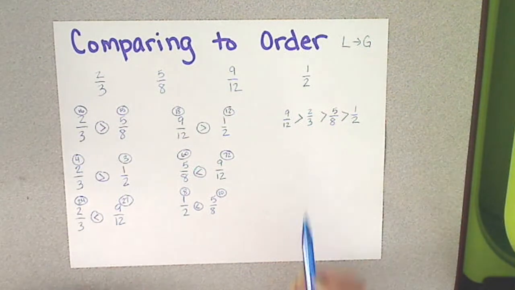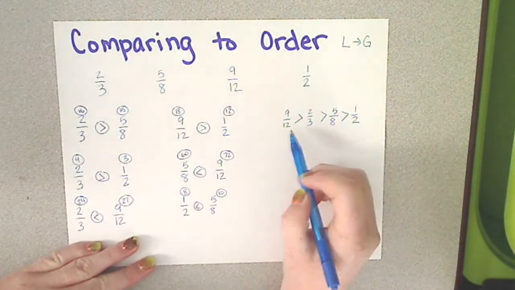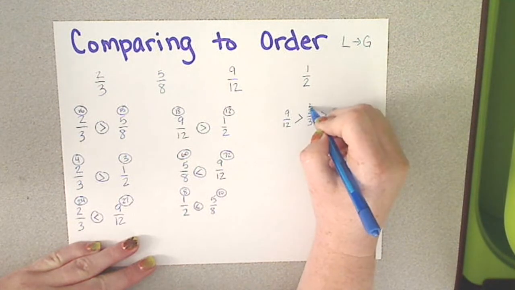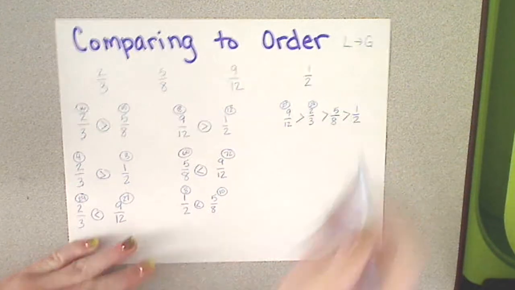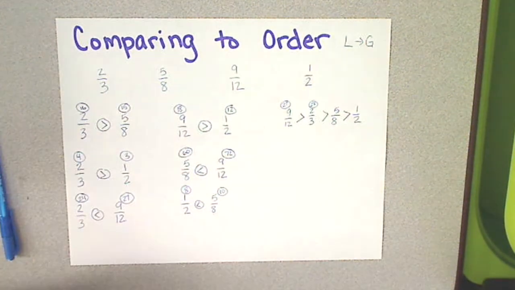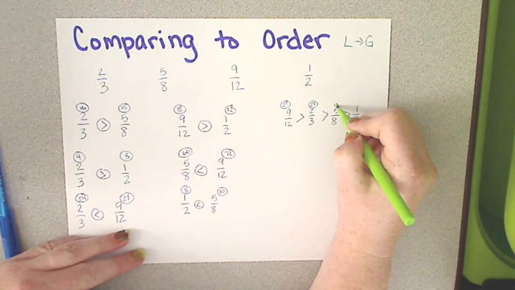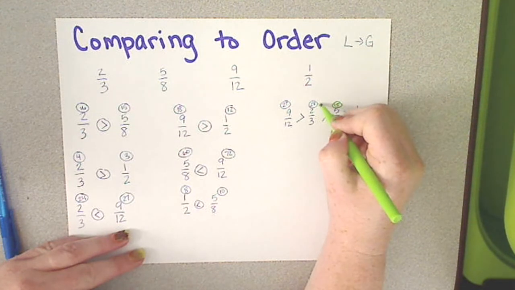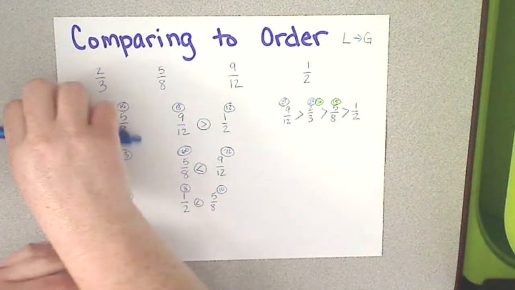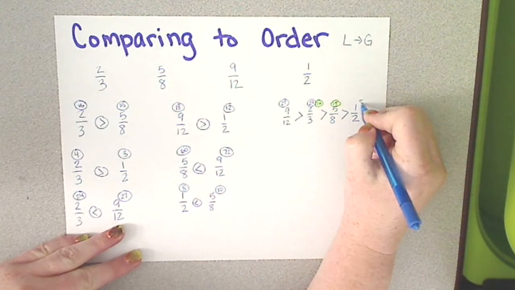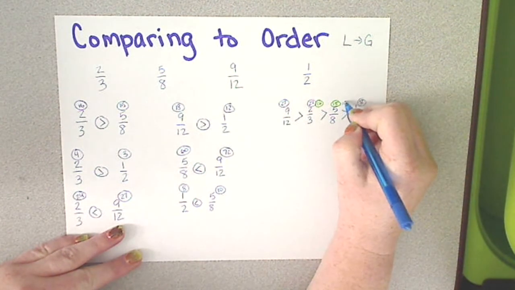Okay, so just to make sure, 2 times 12 is 24, and 3 times 9 is 27. Okay, so that's good. 3 times 5 is 15, 8 times 2 is 16, so that's still correct. 8 times 1 is 8, 5 times 2 is 10.